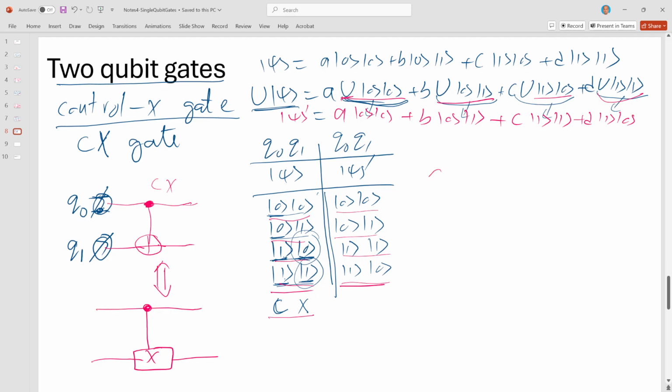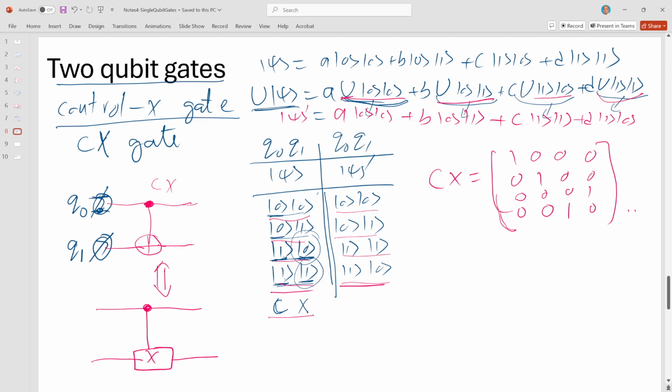And we can easily check that this matrix does the job. Sorry, I think there's a mistake here. So this has to be 1 here and 0 here.